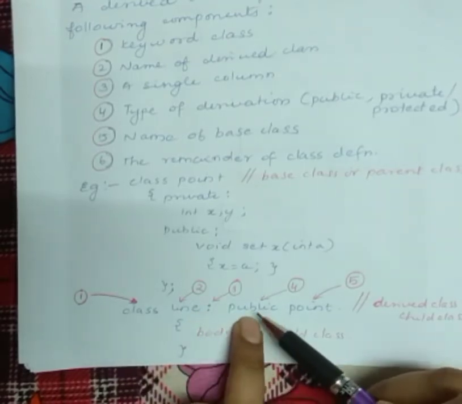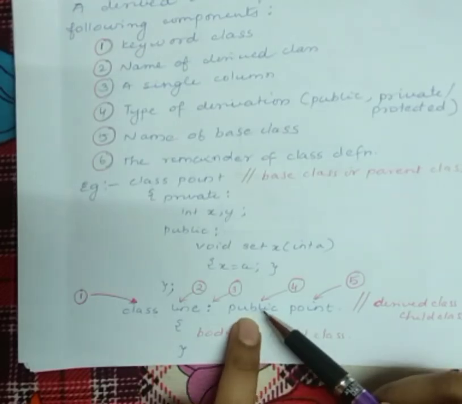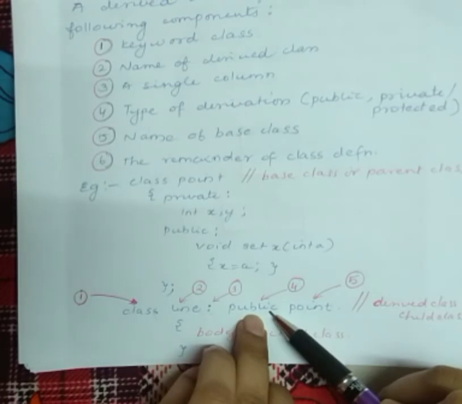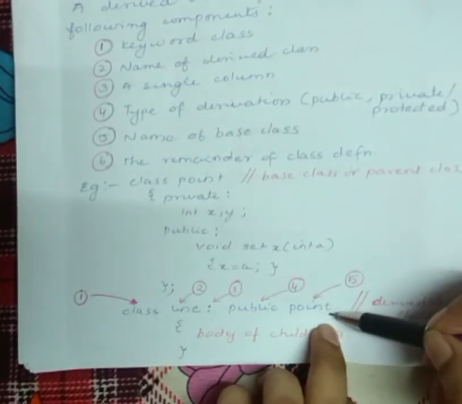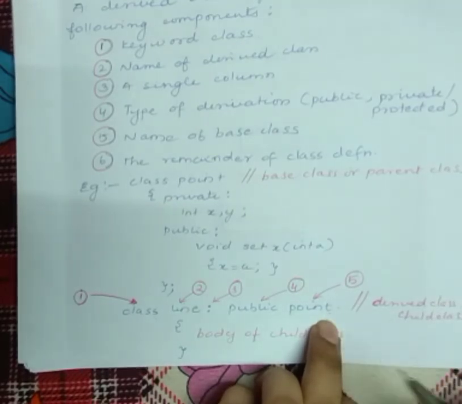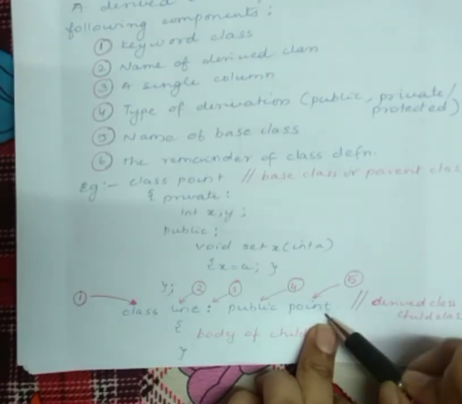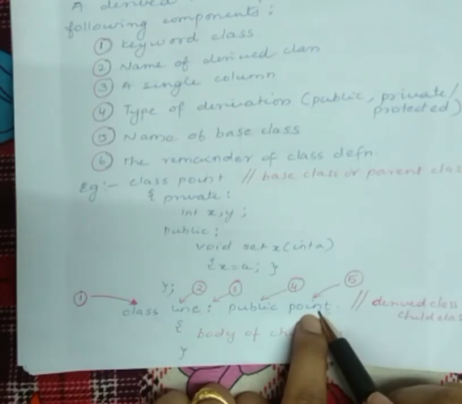Fourth, you have to write the type of derivation. Here I can put either public, private, or protected. This is the type of derivation. And the last thing is you have to write the name of the parent class or base class. So this is the child class and this is the parent class.